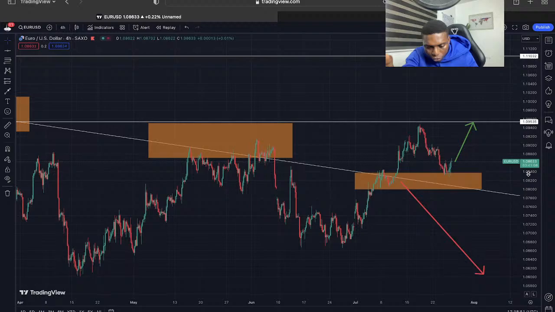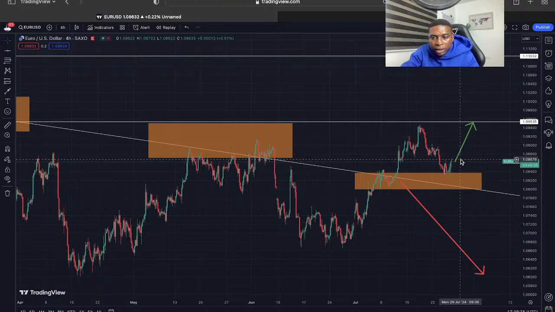We can obviously see here that price broke out of this resistance zone, came back to retest the resistance zone, and now the resistance zone is acting as a support. We can see how price has been rallying at this resistance zone and pushing up a little.